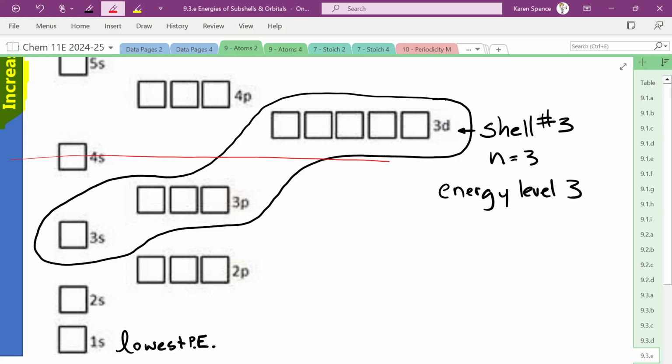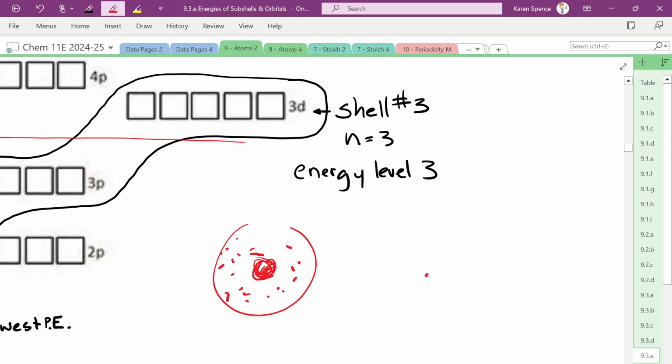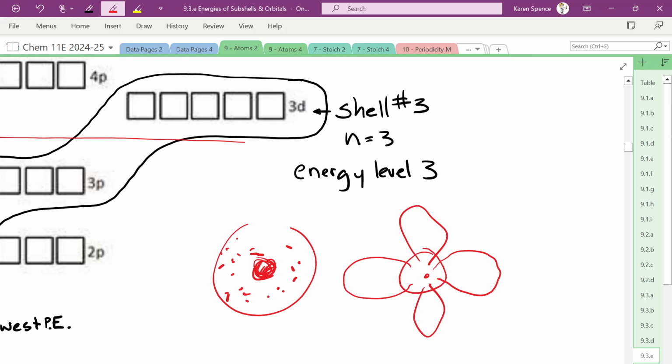An s orbital is a sphere with its density closest to the nucleus, and then it gets more diffuse as you move outwards. But does a d have a lot of density close to the nucleus? No, it's got a lot of empty gaps close to the nucleus. So that's the real reason why.